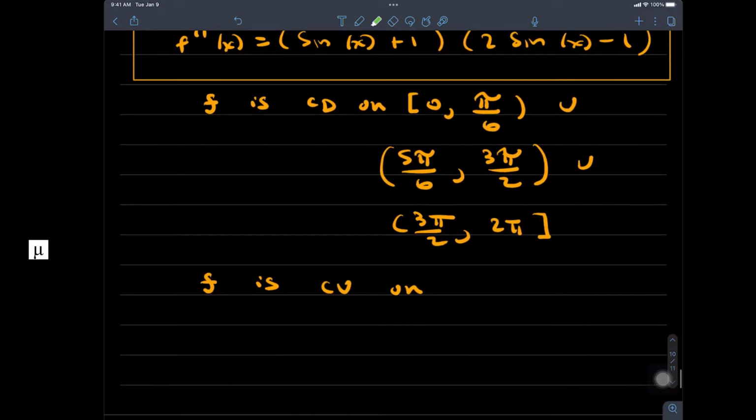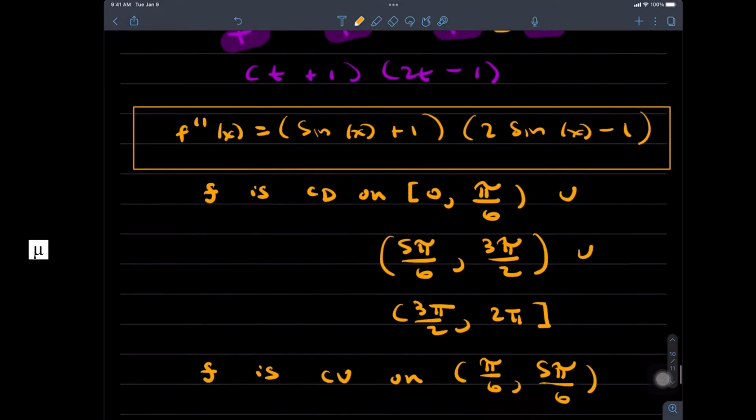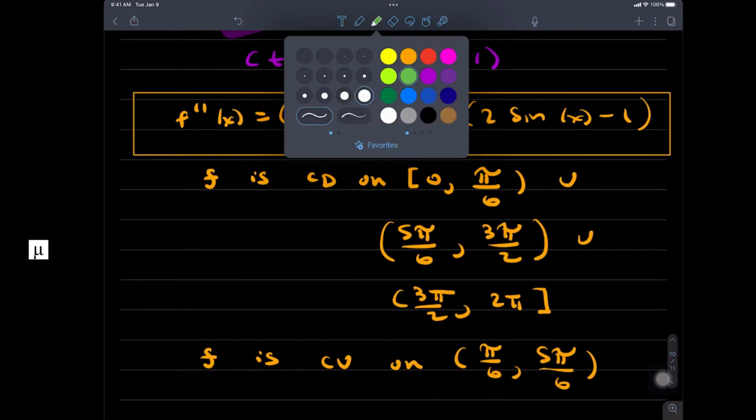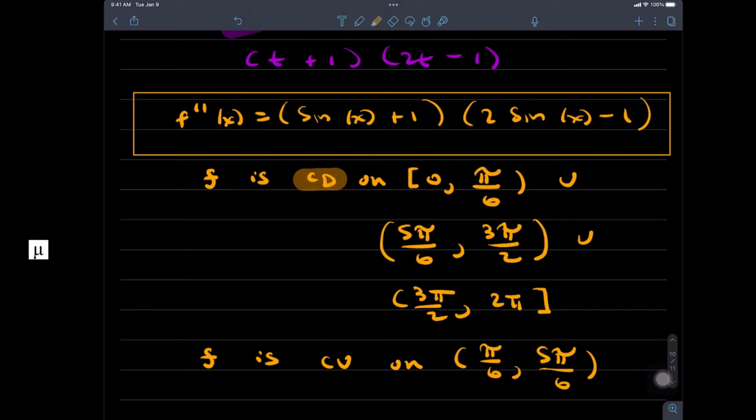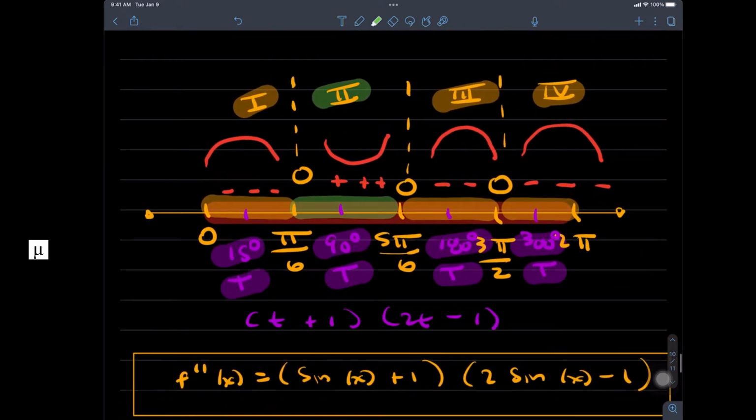So what's that interval going to be? Pi over 6 to 5 pi over 6. Okay, so I want to make sure you guys understand. This is where we have concave down, and this is where we have concave up. Pi over 6 to 5 pi over 6.